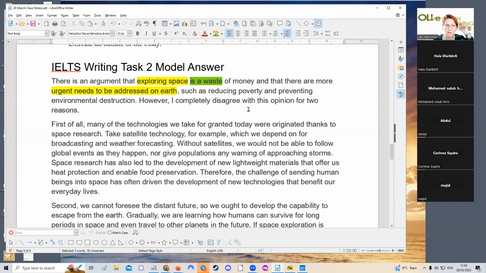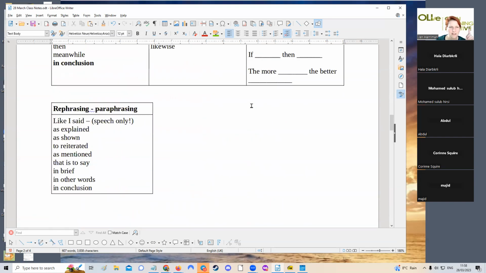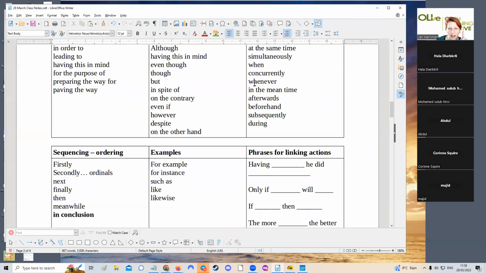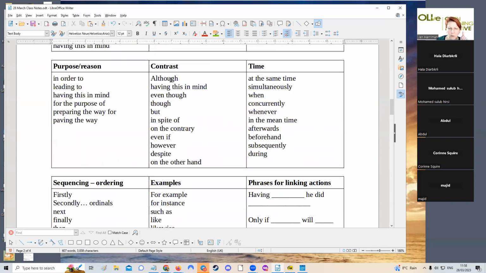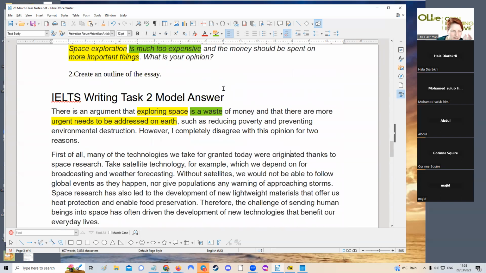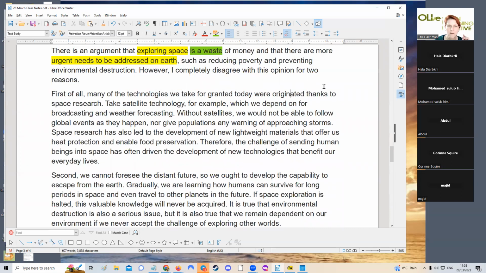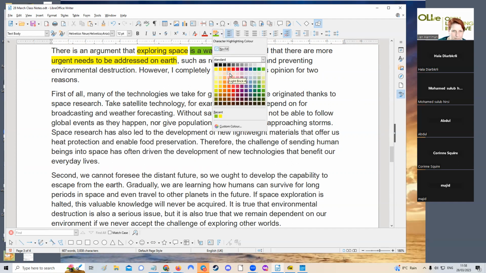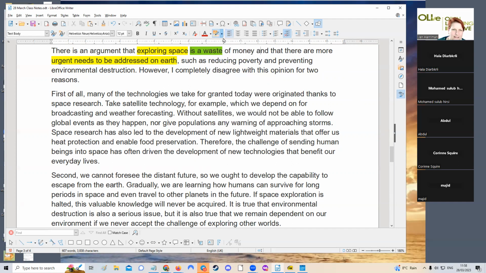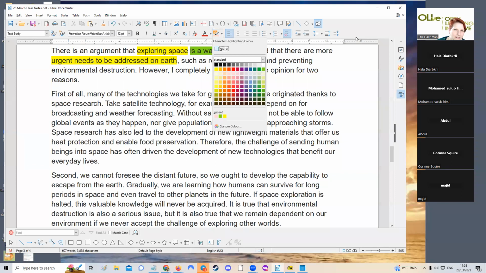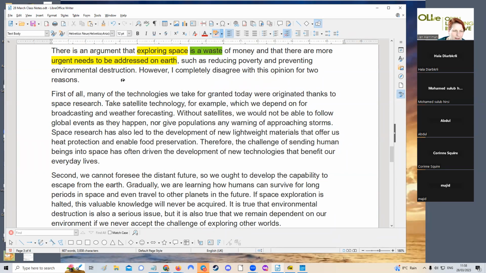Okay, so remember, we're also looking for usage of all of these wonderful words that help you say more. So let's take a look at their first paragraph and see what we find. There we go.